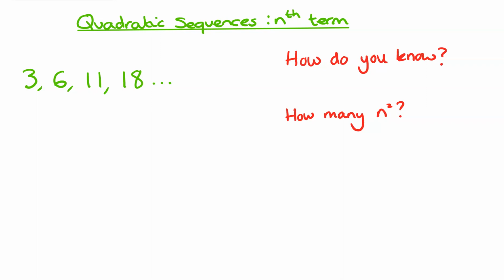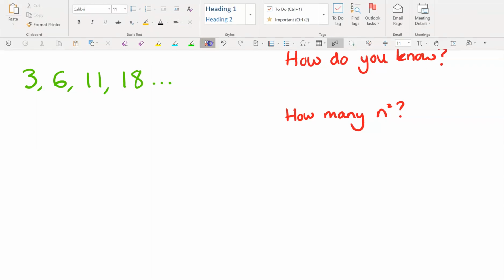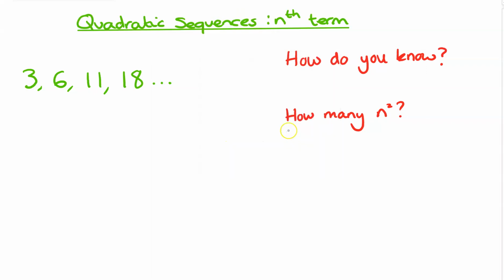Normally on a sequence, we would have the same number being added or subtracted each time. But on this type of sequence, we've added 3, then 5, then 7. So that's not normal.